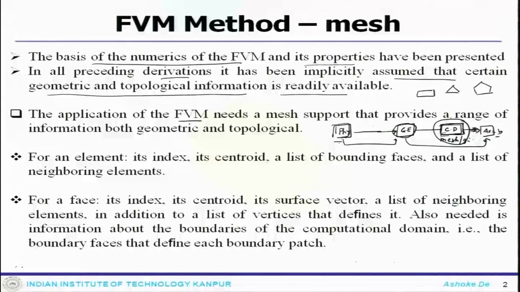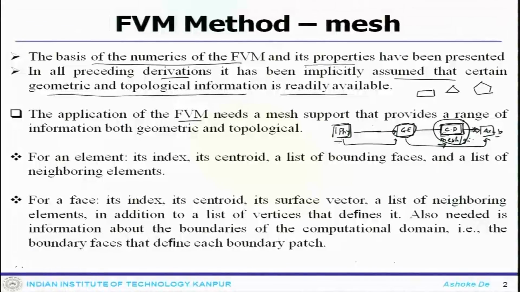Any numerical scheme, whether finite volume, finite difference or finite elements, it does not matter, irrespective of the numerical scheme there is an underlying support which is required from the mesh.